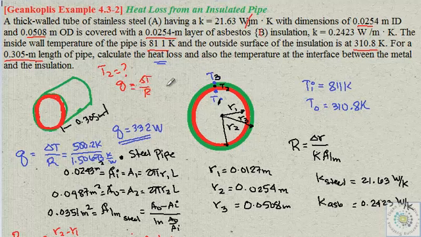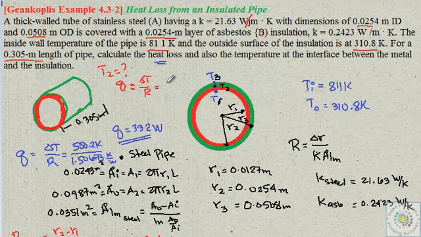Q is still the same, because the overall Q is the same as the Q that passed through this steel pipe alone, since they are in series. Meaning the Q that passes through here is the same Q that leaves the surface of the insulation. Now, delta T in this case, since we're only focusing on the steel pipe, will be the temperature difference between the inner surface and the outer layer of the steel pipe.